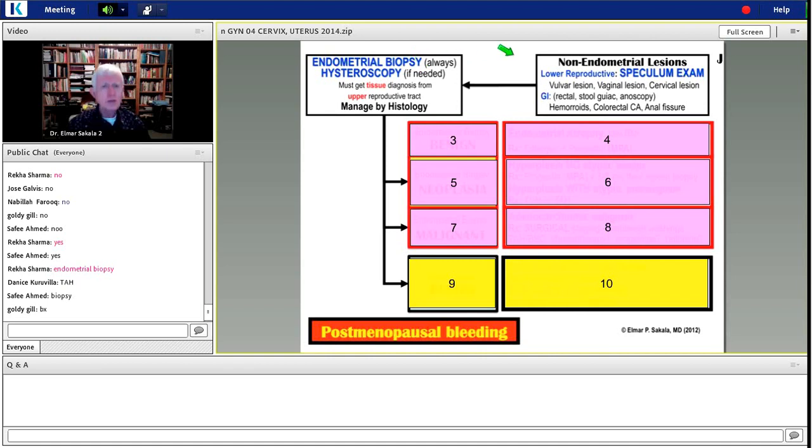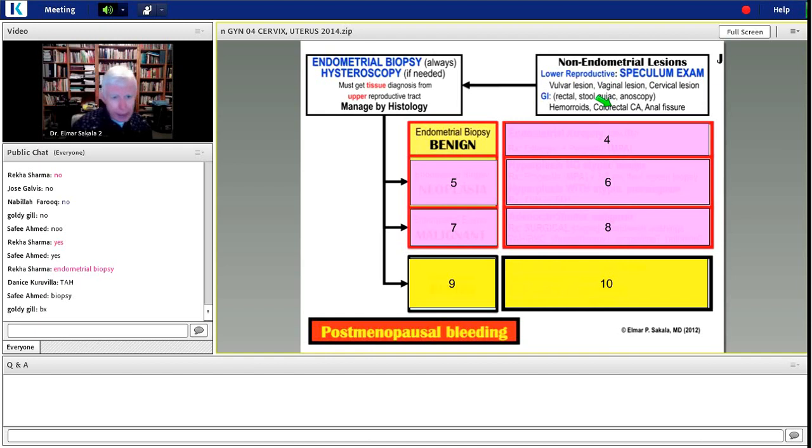Now, you could have bleeding from the GI tract. The woman has bleeding down there. Where's there? Well, there's the vagina, but there's also the rectum. Could you have rectal bleeding? You could try a rectal exam, stool guaiac, anoscopy, because the number 2 or number 3 cancer in women is colorectal cancer.